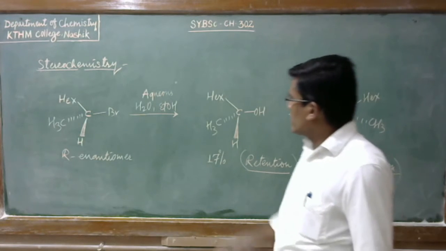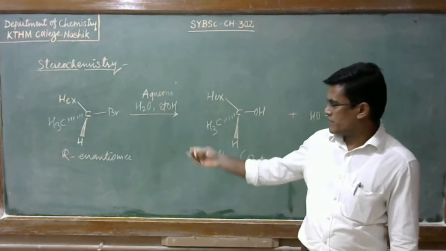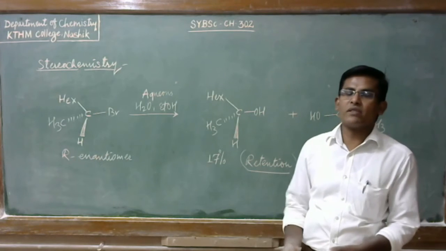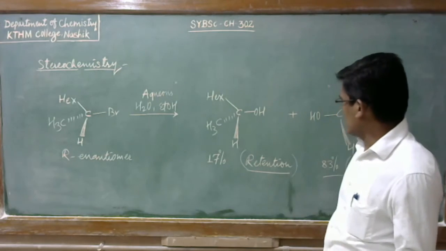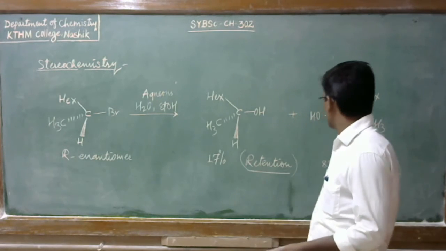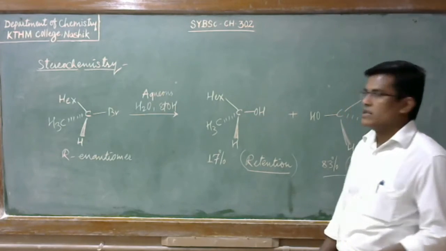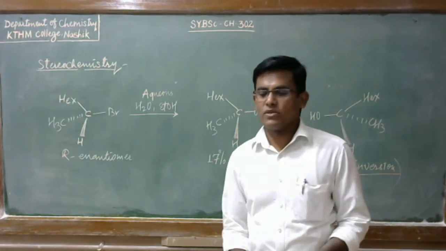So when you treat this R enantiomer in aqueous ethanol, it gives the retention product 17% and inversion product 83%. Why is it so?